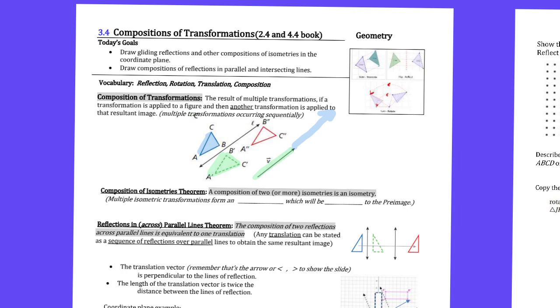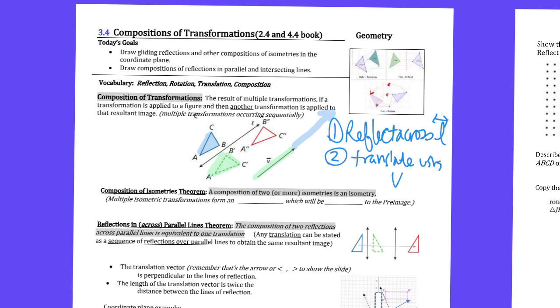So step one was we reflected it across line L. And then the second step was to translate, and we would use vector V, which told us, go this way, this far.